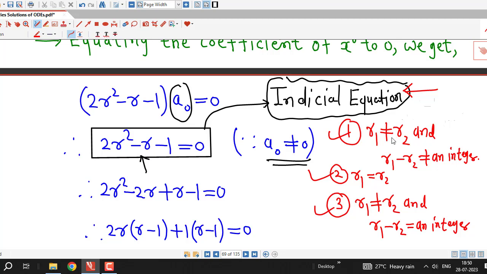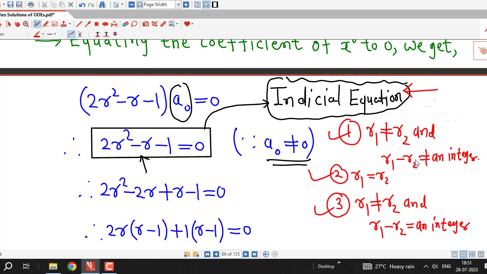So there are three possibilities: the difference of R1 and R2 is not an integer, R1 and R2 are equal, and the difference of R1 and R2 is an integer. Mainly there are two possibilities: R1 and R2 are different and R1 and R2 are equal.